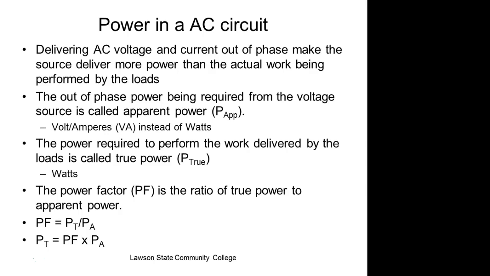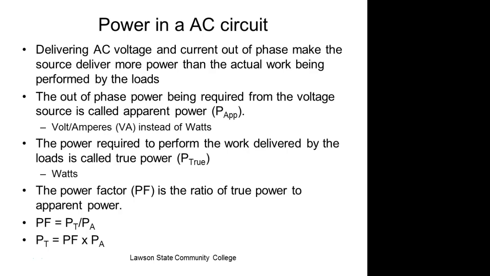Resistive power is power where your current and your voltage are in phase with each other. So we have to calculate that. There are different methods, but the power factor is the true power over the apparent power. And the ultimate goal for the company is to get a power factor of 1. That means your voltage and your current are in phase with each other.